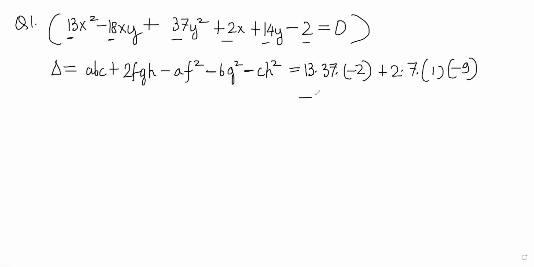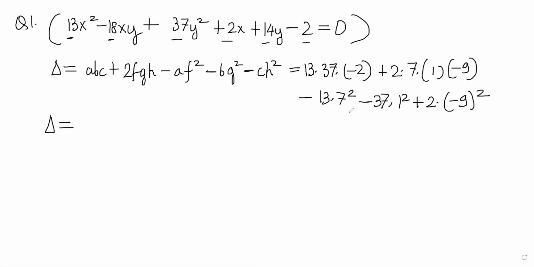And then you have a minus 13 times 7 squared, minus 37 times 1 square, plus 2 times minus 9 square. If you calculate this value, you end up getting del is equal to, you have to calculate this. There is no other way.